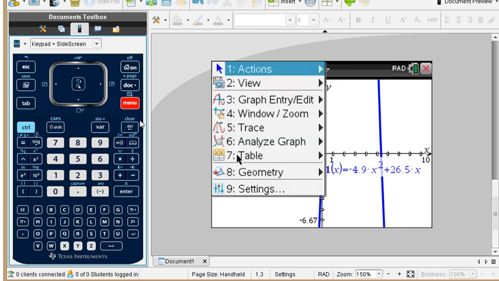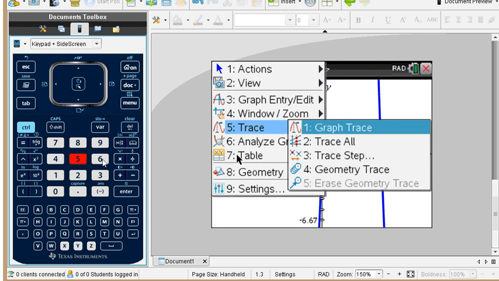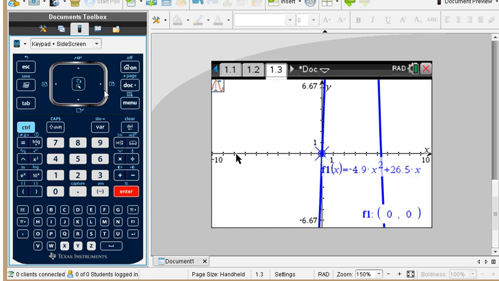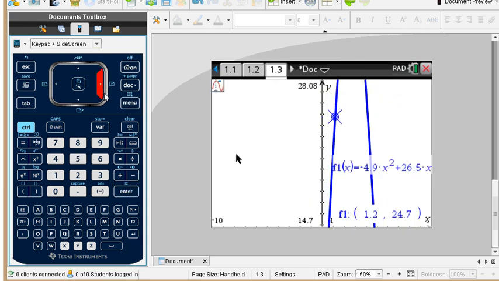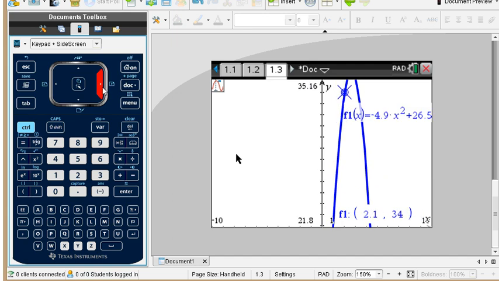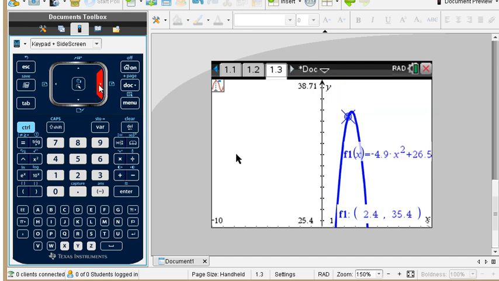Anyway, to dispel any doubt, we can go to menu, trace, graph trace, and as we go up in time, we're going to reach a maximum height that the calculator tells us. You should see max. Well, for some reason it's not doing that. Anyway, you can kind of see here, I usually see max at the top.